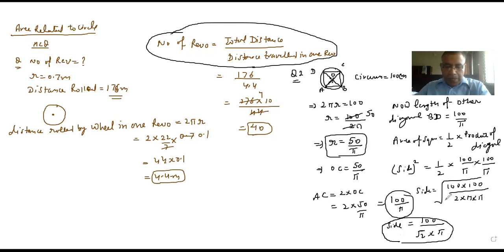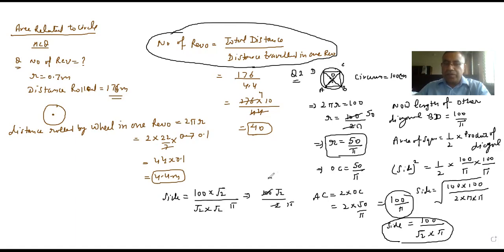So please do the calculation. I can do it here. Side is equal to 100, multiply by under root 2 in the numerator, multiply by under root 2 in the denominator, upar neeche maine multiply kar diya, into pi. So which implies 100 under root 2 upon 2 into pi.